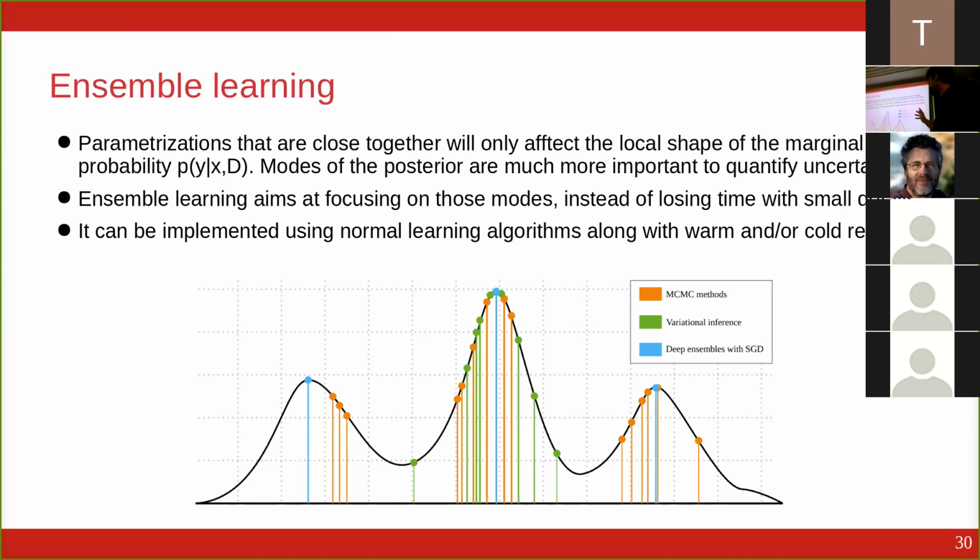To get a good idea of uncertainty, I should instead focus on the different modes of the posterior. And to do that, you can just restart stochastic gradient descent, either with a greater learning rate and with a new random initial position. And like that, you should be able to converge to the different modes of the posterior. And you need to store fewer of them to get a much better estimate of the final uncertainty.